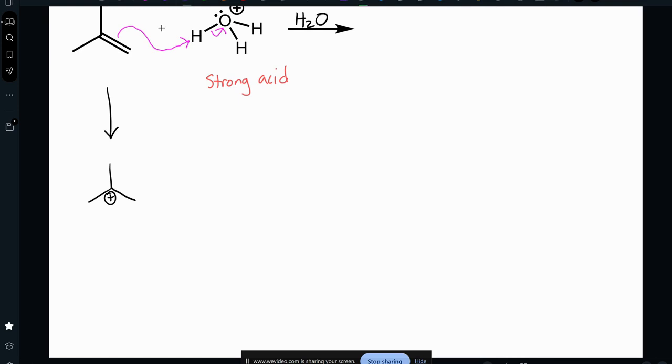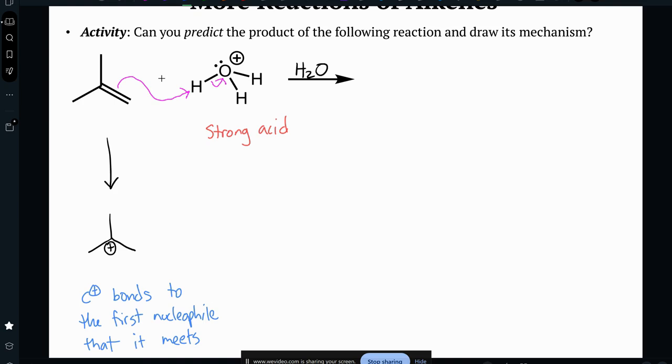We know that a carbocation will bond to the first nucleophile it sees. So I need to think about, well, who's around that has a lone pair that might be able to share that lone pair with this carbocation?